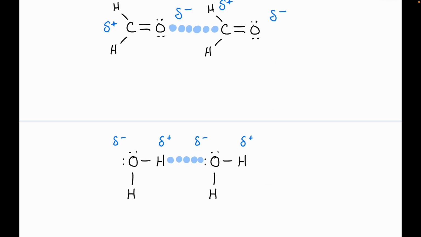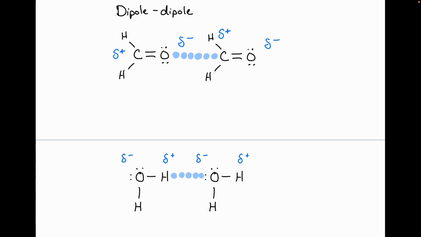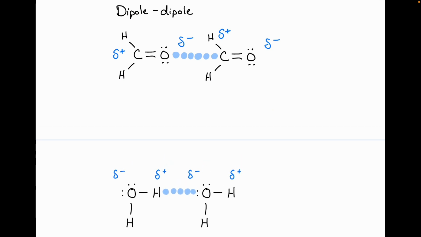But the dipole-dipole interaction here is taking place between one of those special bonds, oxygen and hydrogen. This one is dipole-dipole because it's carbon-oxygen, which wasn't one of our three special bonds. And this one is that next level up in terms of strength of interaction, which we give its own special name, hydrogen bonding.